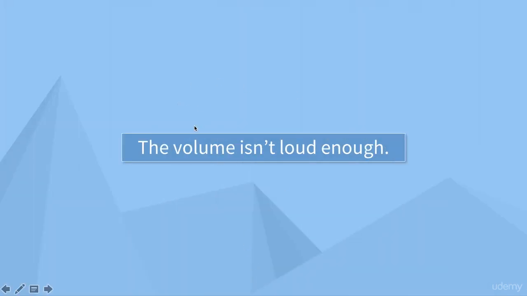And the next sentence: the volume isn't loud enough. Same again. Well, actually this is slightly different because here we're using the verb to be. So here we start with subject and then be not. That's it.